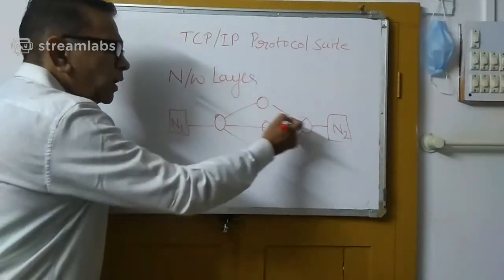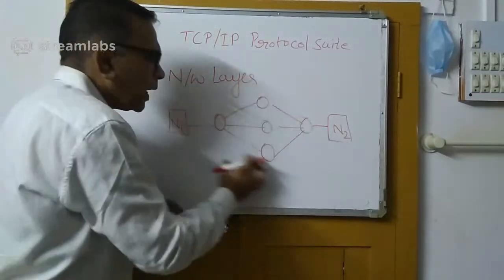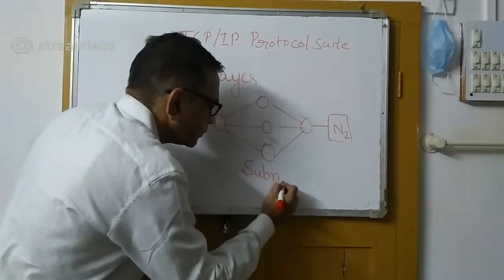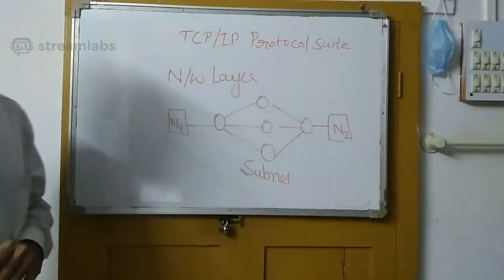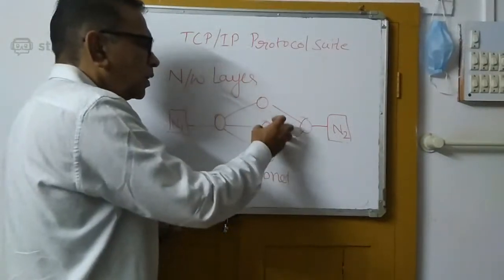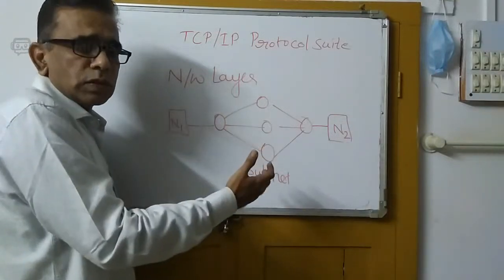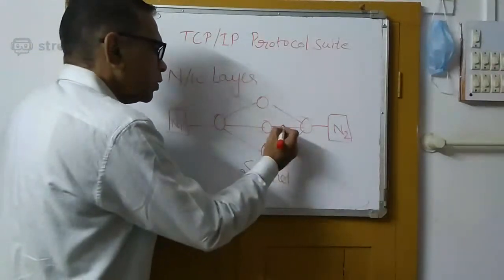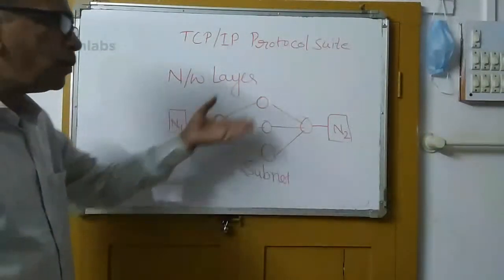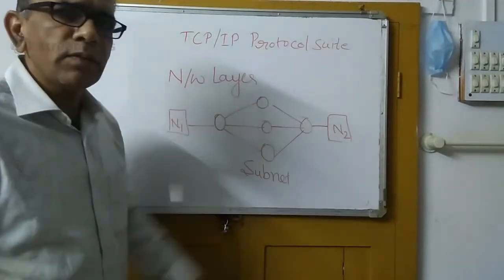Here we have multiple paths. This part we many a time call a subnet. Normally these subnets are created by using devices like routers and switches. These subnets offer multiple paths to reach a destination because there are multiple paths available.